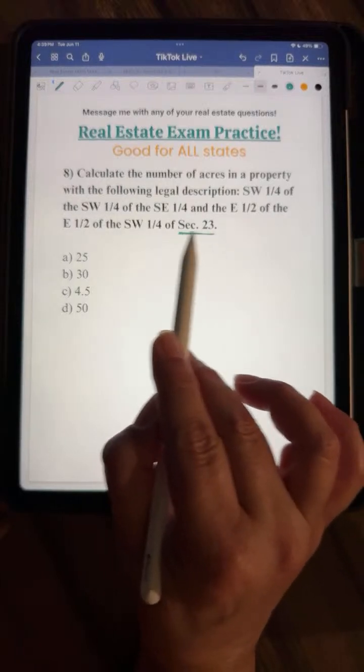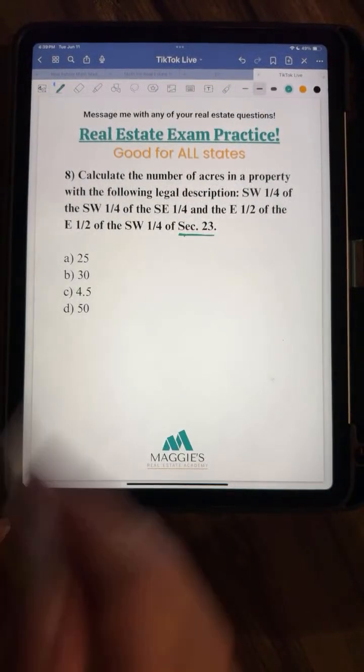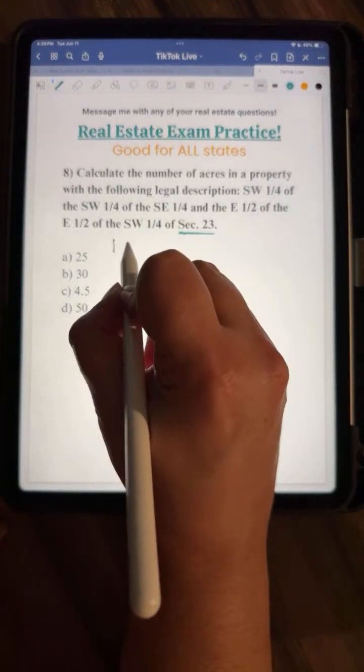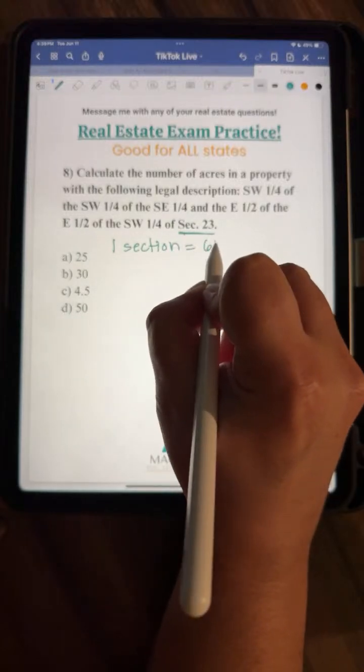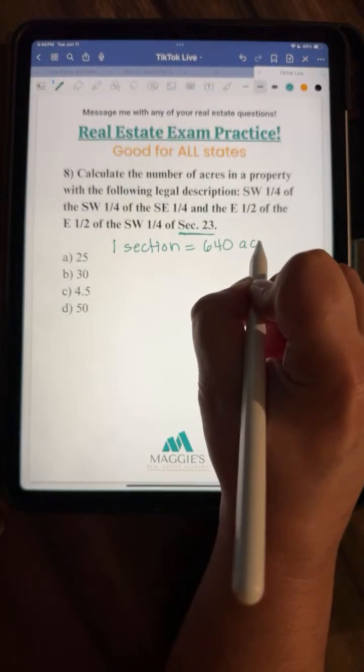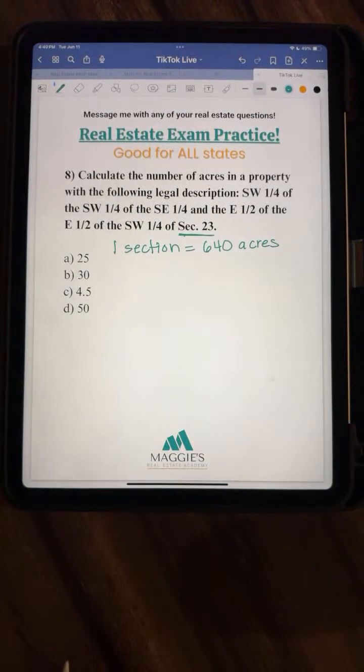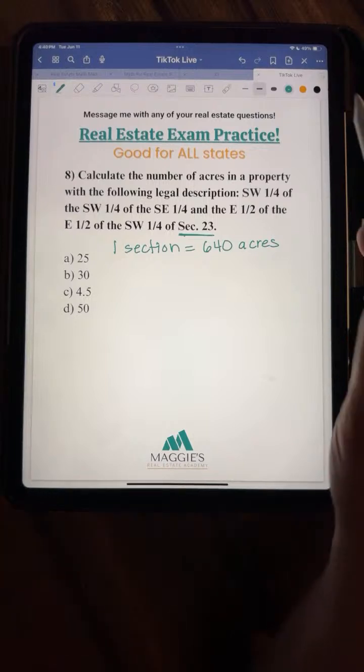So remember, we're working with a section. Each section equals 640 acres. So when you get faced with a question like this, I need you to read it carefully.